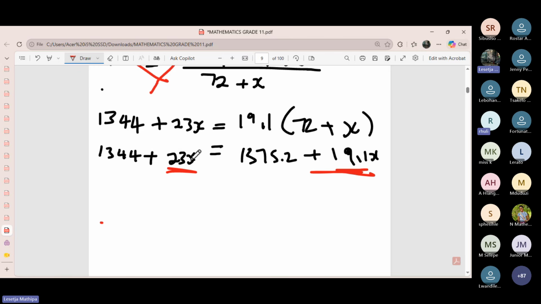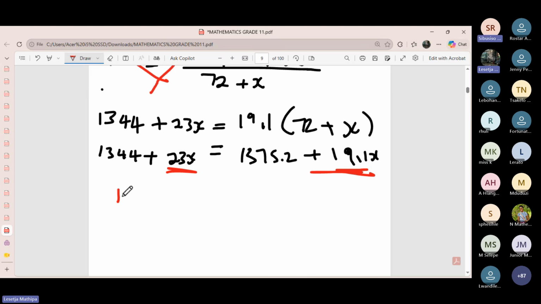We can group the like terms. So let's group them. We're going to have 1375.2 minus 1344.